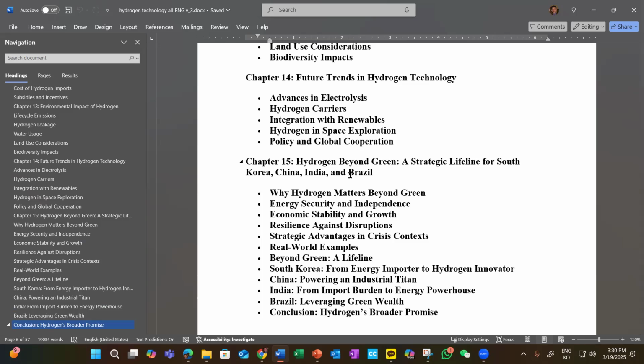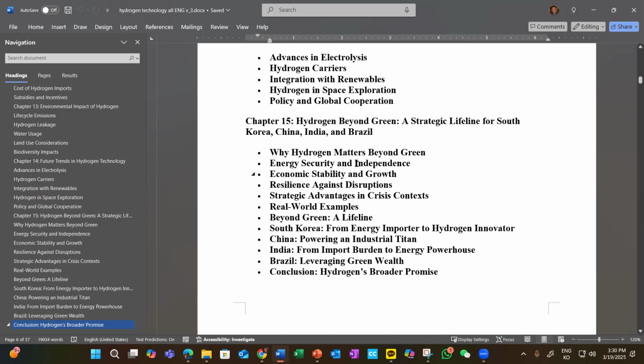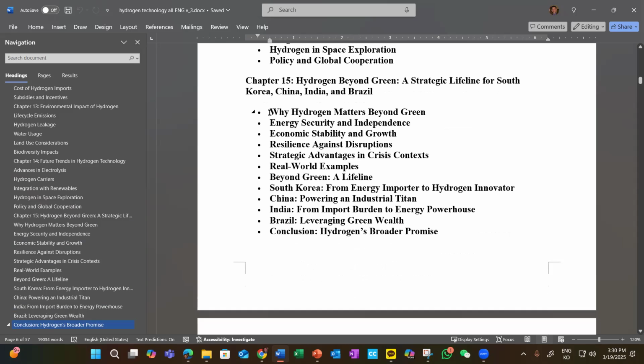It will be a great chance for us to overcome the lack of energy sources. Beyond green means that hydrogen is not just to clean the environment. Hydrogen can be a strategic lifeline for many countries, like Korea and China and so on. So there is a list of some important topics.